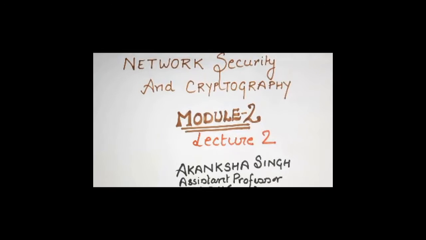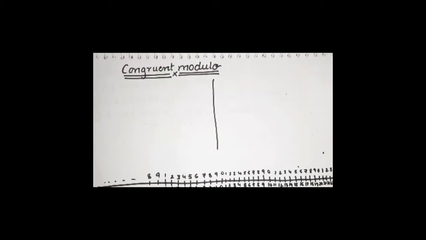Let's go straight away into what congruent modulo is. Now this is another terminology that is associated with modular arithmetic. Congruent modulo. Now what do you mean by congruent modulo?